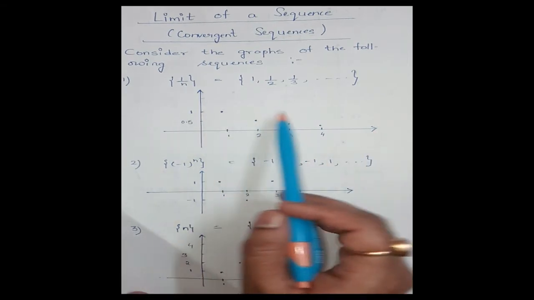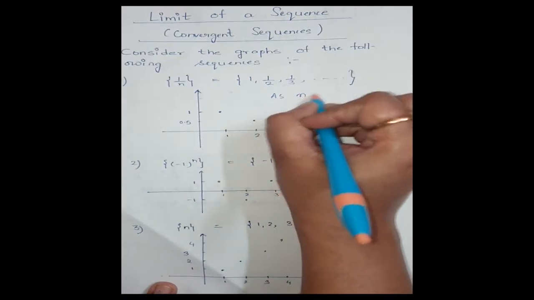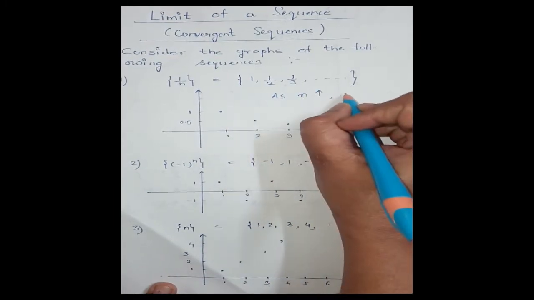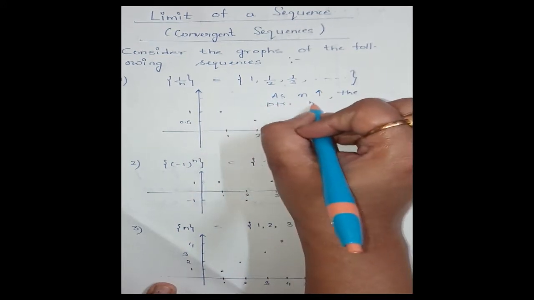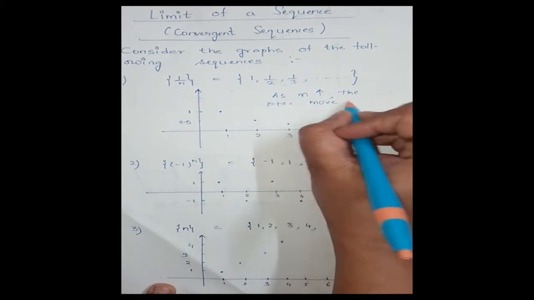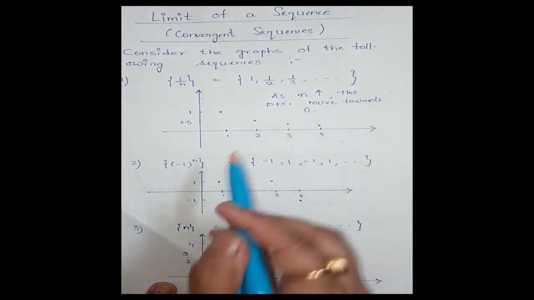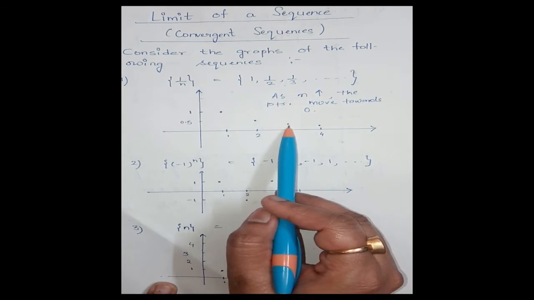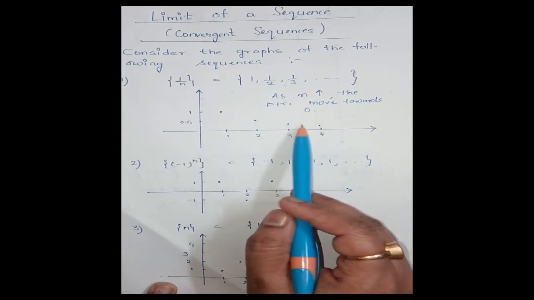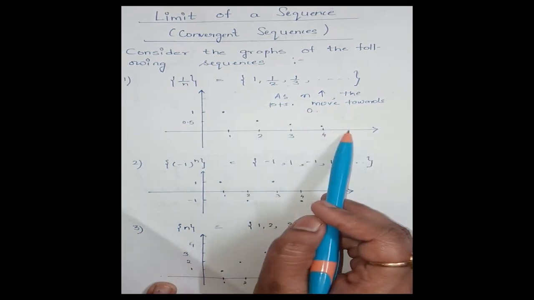From the graph we see that as n increases, the points move towards 0. First it was 1, then 0.5, then 0.33, then 0.25. It means that as n increases, the points are moving towards 0.